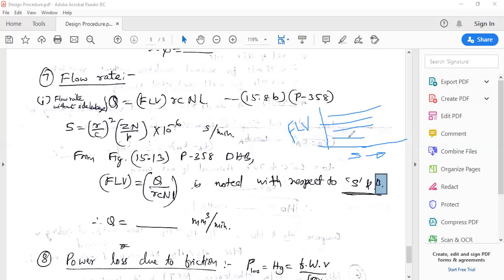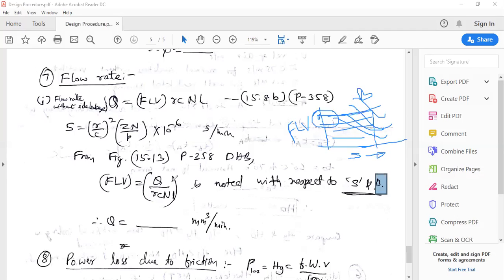There are a number of curves that represent the value of beta. With respect to 360 degrees and the Sommerfeld number, where these two values intersect, you get the flow variable.